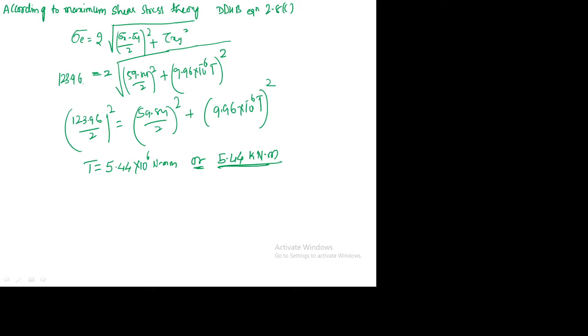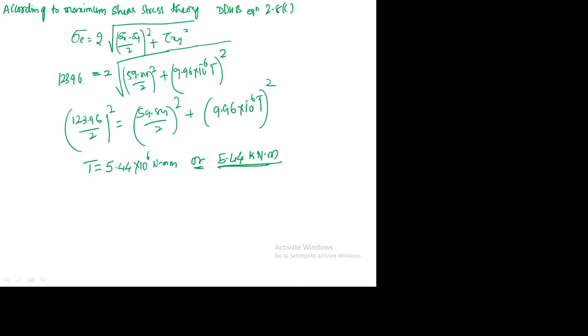The maximum that can be transmitted is 5.44 kilonewton meter. So it is not possible to transmit 8.971 kilonewton meter, because the maximum torque that can be transmitted based on the maximum shear stress theory is 5.44.